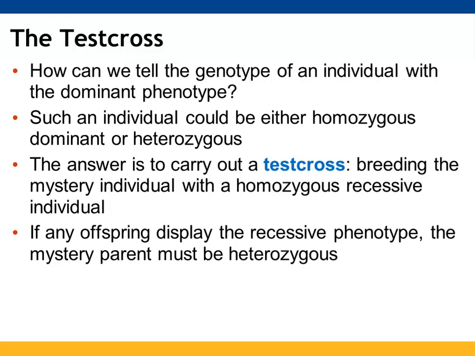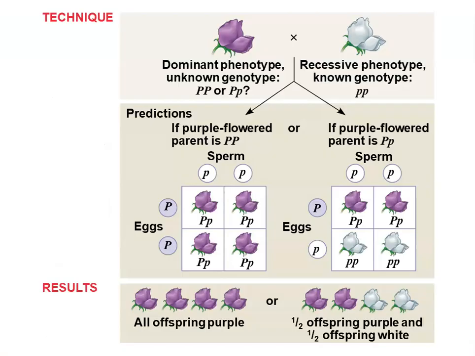If all of the offspring show the dominant trait, have the dominant phenotype, that tells us that the parent must have been homozygous dominant for that allele combination. If any of the offspring show the recessive phenotype, that tells us that the unknown parent was heterozygous for that particular trait. So there you can kind of see the examples with test crosses.